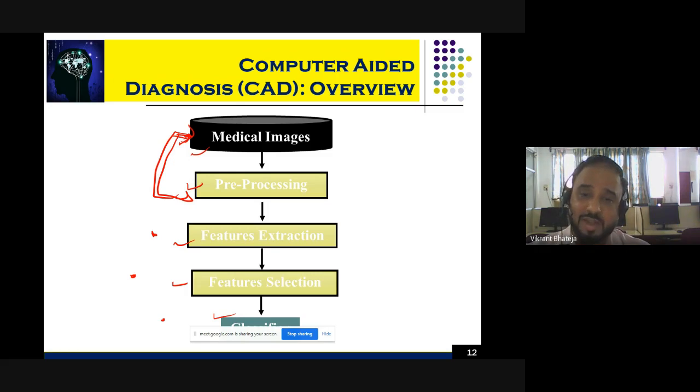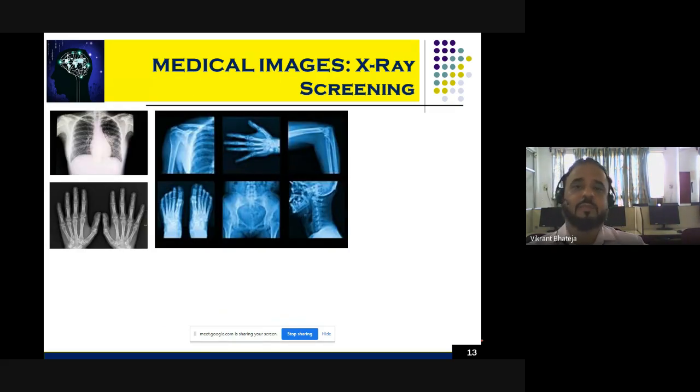If you talk about MRI or CT scan, they are a little more sophisticated, so you don't need very strong pre-processing in such cases. In this particular case study, our focus will be on X-ray screening, that is, we'll be talking about X-ray images.